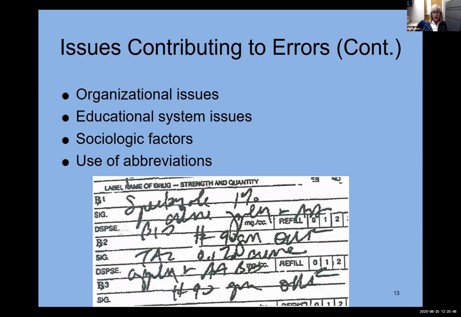But with all of the checks and boxes that you check and the lack of narrative writing these days, there shouldn't be a lot of opportunity for you to use abbreviations. And the risk is so high. It's just better to minimize that risk and not use them. And each institution will have a list of approved abbreviations that can be used.